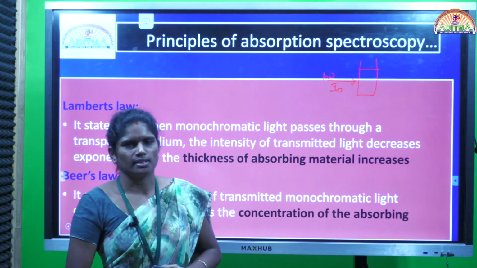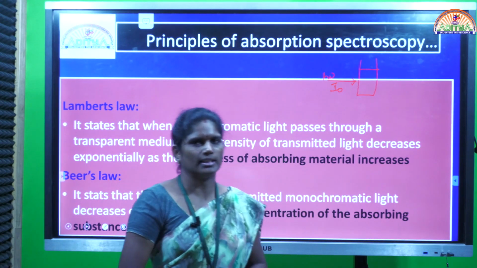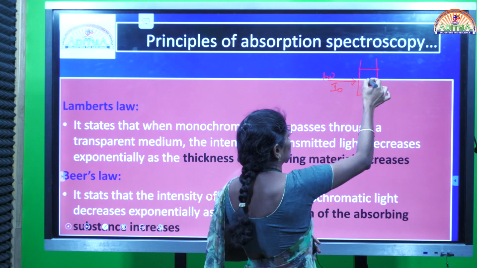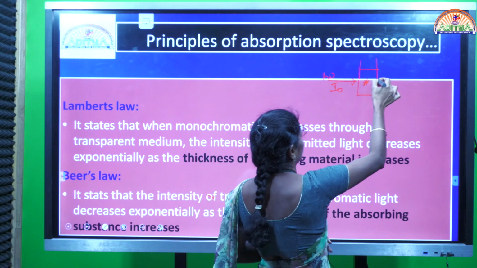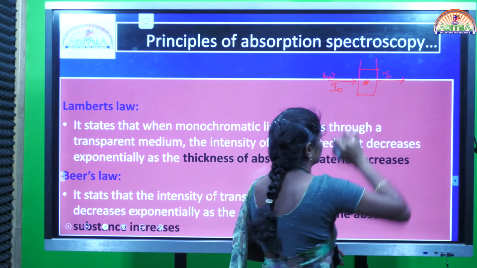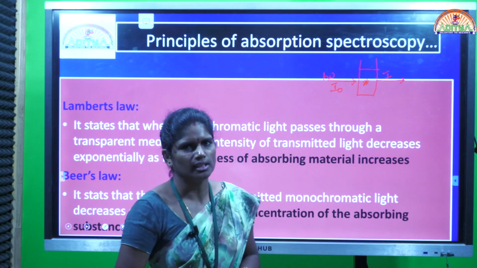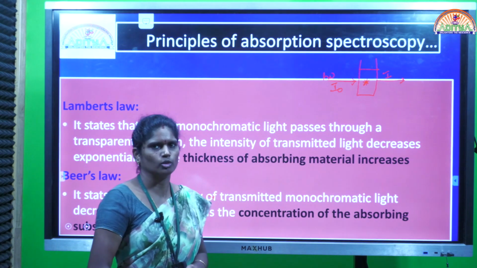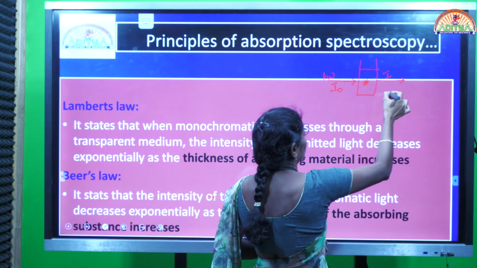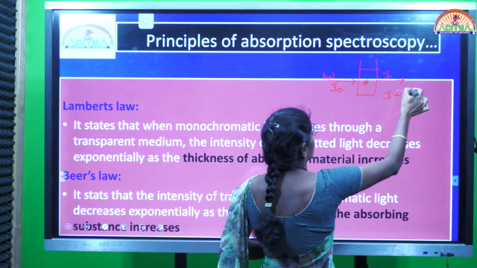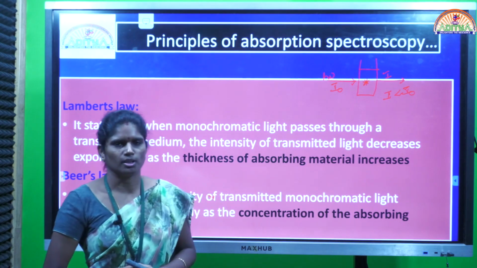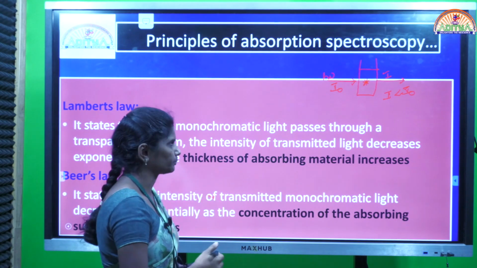I0 represents the intensity of incident radiation passing through the sample solution, then the interaction between sample molecules and radiation takes place, and the remaining radiation will be transmitted from the sample cell. I represents the intensity of transmitted radiation. The intensity of the transmitted light will always be less than the intensity of incident radiation because of absorption of radiation by the sample molecules.